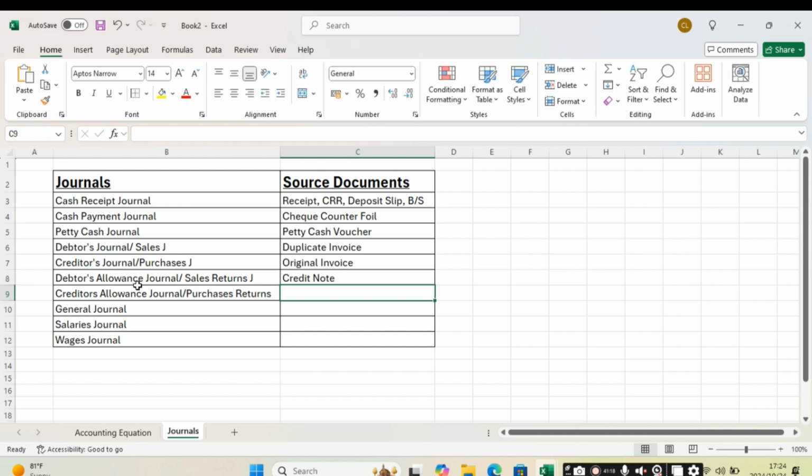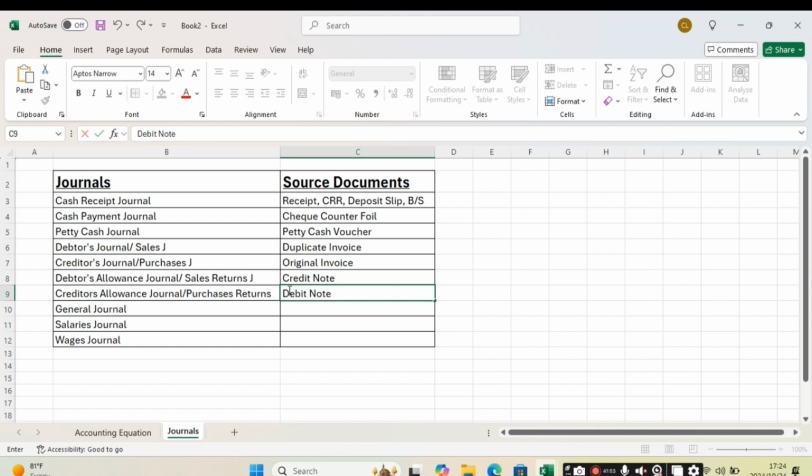In simple terms, when the customer returns whatever they've bought from us, we'll give them the credit note. And when we as the business return things to our suppliers, the suppliers will give us a debit note. Debit note and credit note.